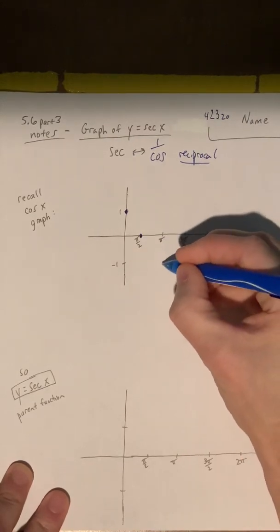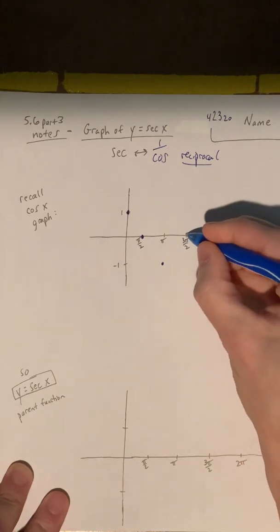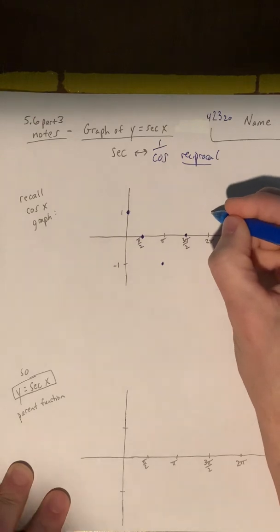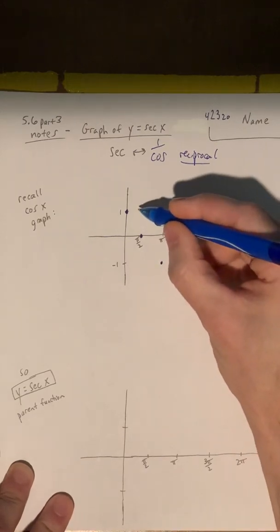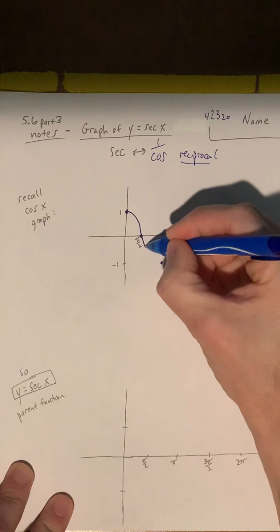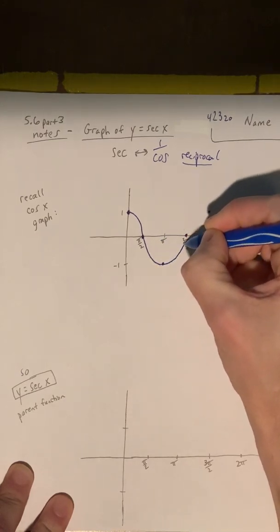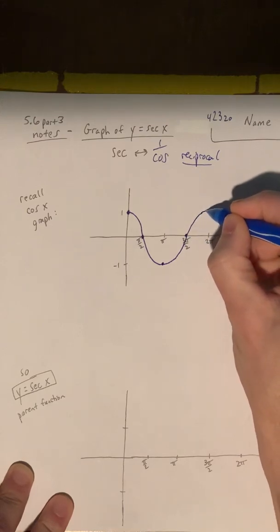It's going to hit its minimum at negative 1 at the next increment, pi. Next increment, it crosses 3 pi over 2 back at 0, and finishes where it started at 2 pi up here at 1. So the cosine graph curves down like this, comes down here, and starts curving back up. A nice smooth cosine curve.